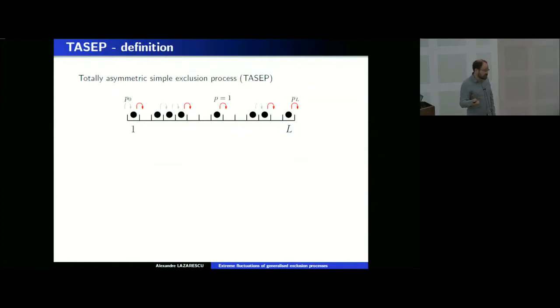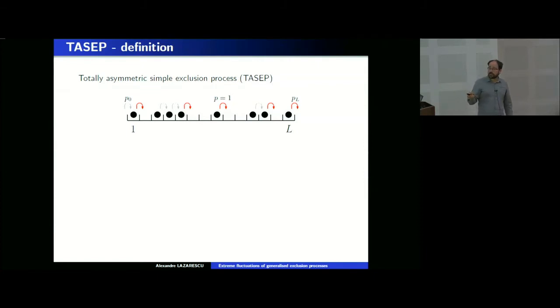Right, so the specific model that I'll be looking at is the totally asymmetric simple exclusion process. It's a very, very simple, elegant model where particles jump from site to site towards the right with a rate that I set to 1 just to fix the time scale. And then particles can enter the system at the left with rate p0 and exit at the right with rate pL.